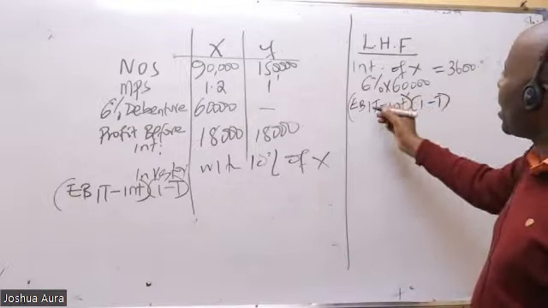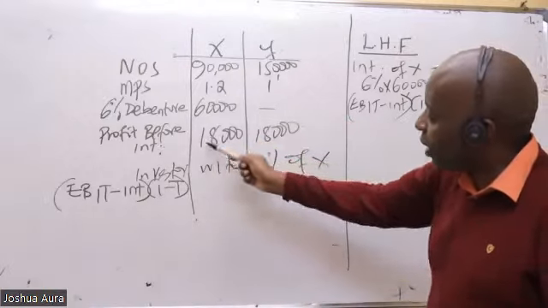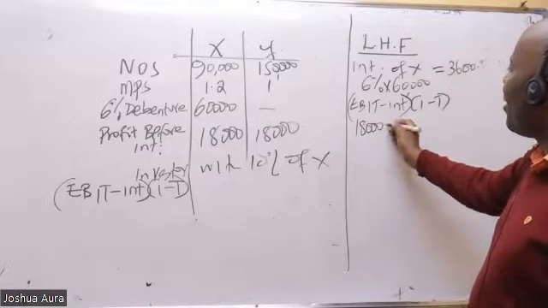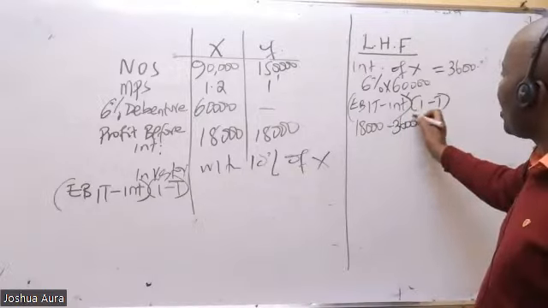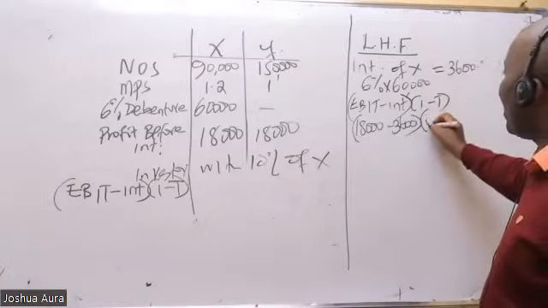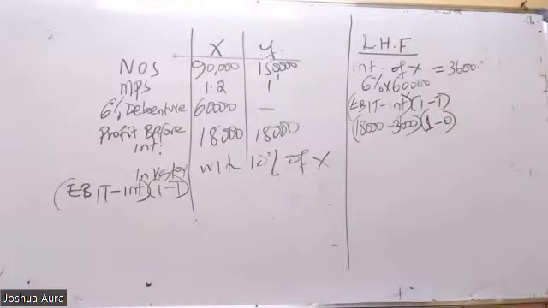EBIT, earnings before interest and tax, is 18,000, minus interest of 3,600, into 1 minus tax. In this question, the tax given is 0; no tax has been provided.